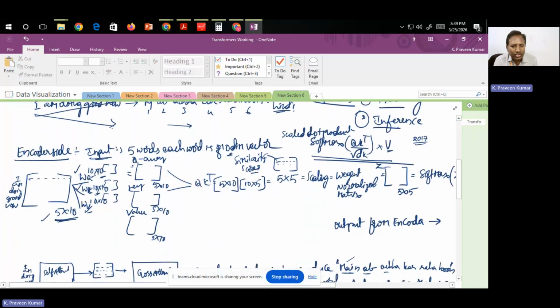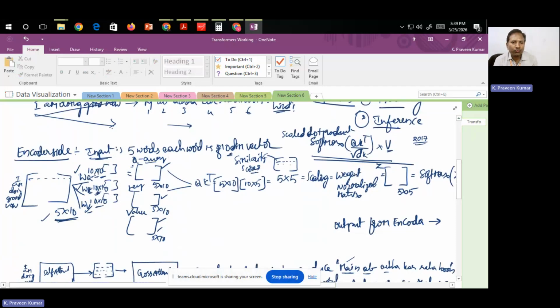The input is 5 cross 10, so to multiply we need a 10 cross 10 matrix. Multiplying 5 cross 10 by 10 cross 10 gives 5 cross 10 again. So the query, key, and value matrices are each 5 cross 10. This is how he prepared the QKV matrices first.